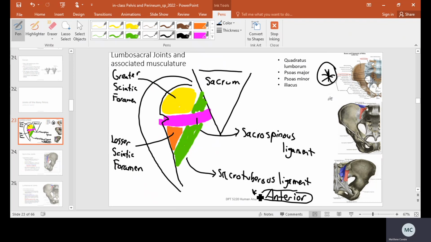And you're going to have to know whether or not that's sacrotuberous or something else. So I want you guys to understand where all this stuff is to help you out in things like lab exams.